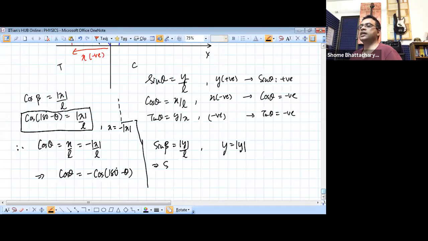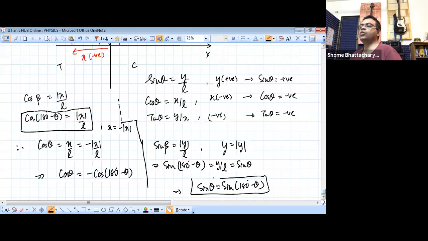So sine of 180 minus theta is equal to y by L, which is sine theta. So we have the formula that sine theta is sine of 180 minus theta, whereas cos theta is minus cos of 180 minus theta.